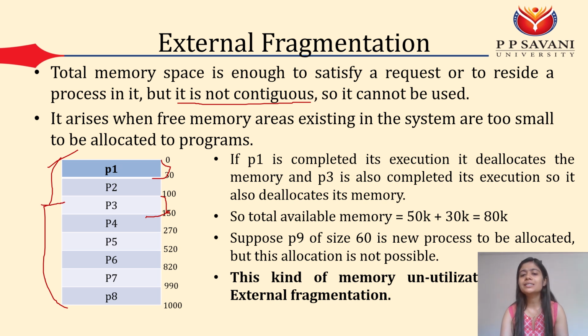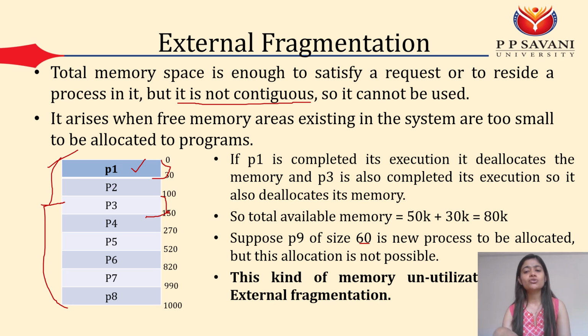Now a new process comes into the picture of size, let's say, 60. The operating system scans the main memory and finds that one partition is free, but that partition size is 30 MB and the process requires 60 MB. So I am not going to allocate that process in this partition because it is not feasible.